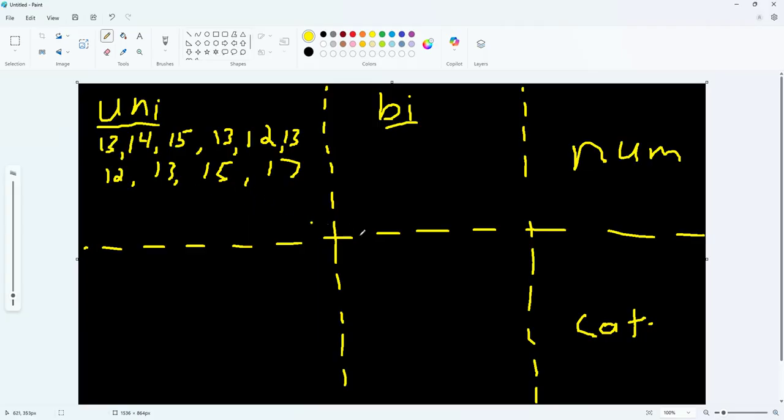Okay, categorical data would be in this form. What is your hair color? This is the hair color.